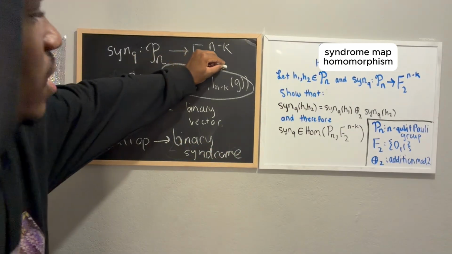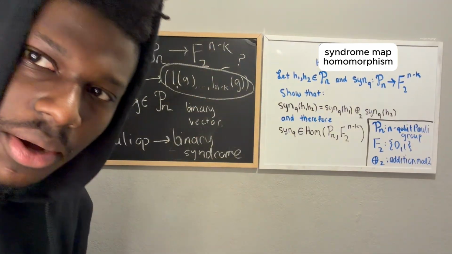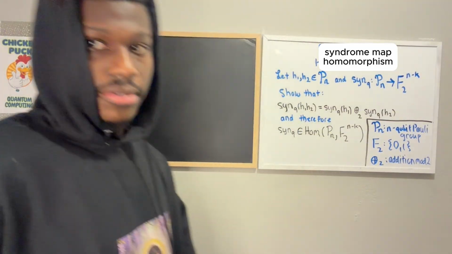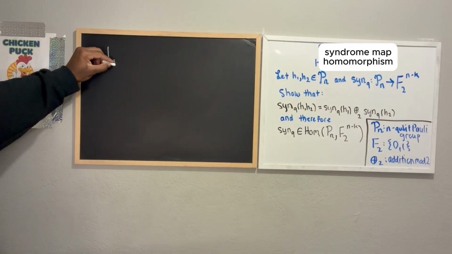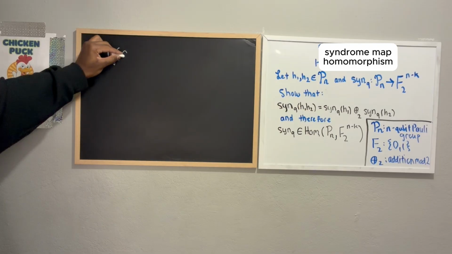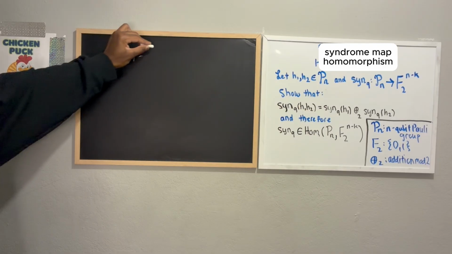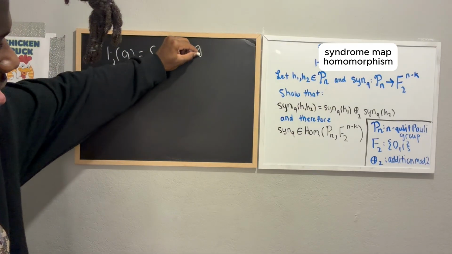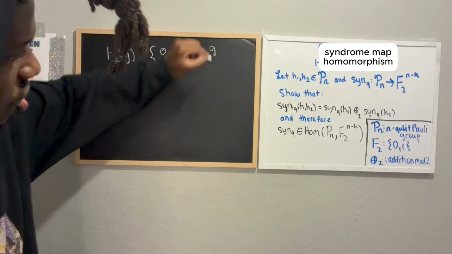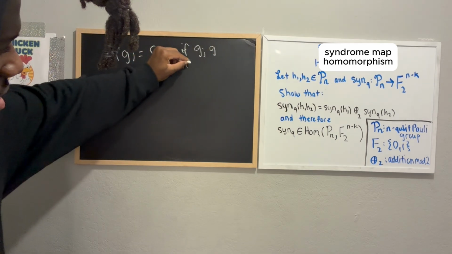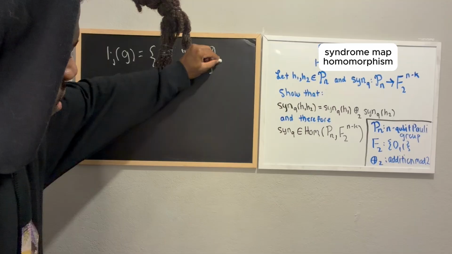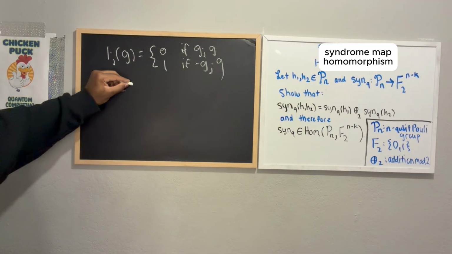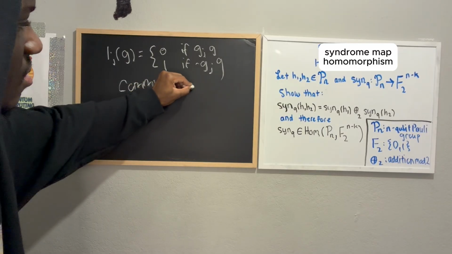Now we might ask, what is that about? Let's explain that. The individual syndrome bits are defined as such: L_j of G equals 0 if G commutes with g_j, and 1 if G anti-commutes with g_j. So if they commute, you get 0.